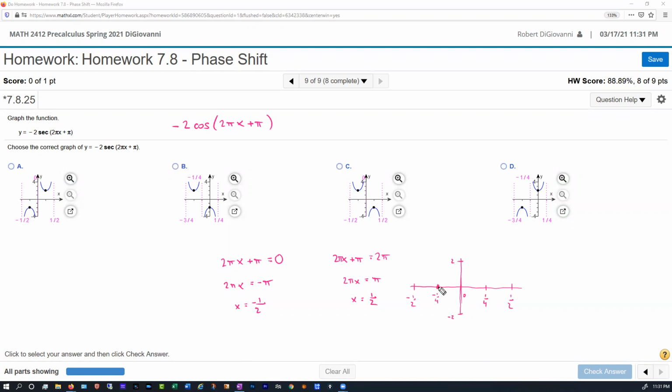So remember, cosines have x-intercepts at the quarter mark and 3/4 mark. It's supposed to go like this, but it's been flipped over. So it's actually going to go like this. And anywhere we have x-intercepts, we have a vertical asymptote. And then our secant function is actually just this parabola here, like that, and then a parabola-looking thing that looks like that.